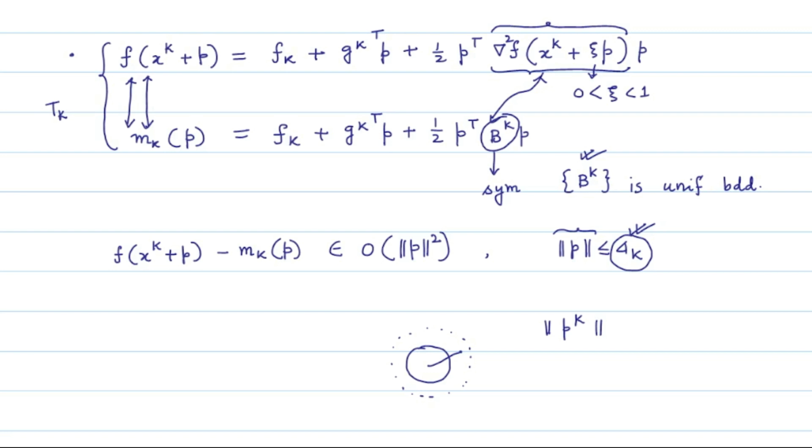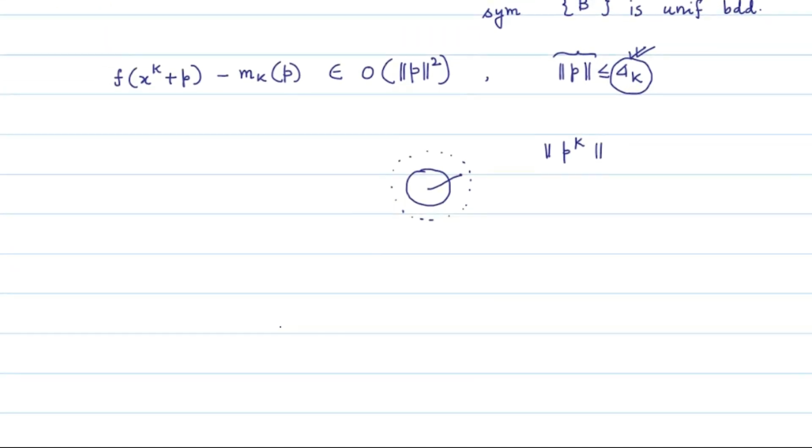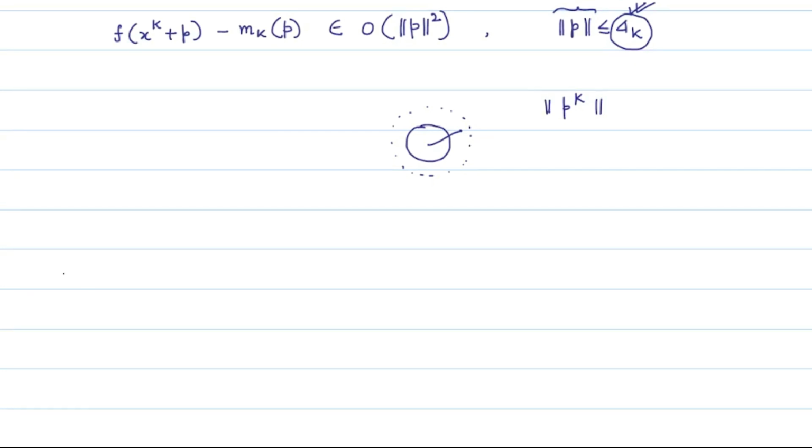We base this choice on the agreement of the objective function and the model function by a ratio of actual reduction and predicted reduction. Actual reduction is the reduction of the objective function, and the predicted reduction is the reduction of the model function due to the movement from the iterate xk to xk plus pk.